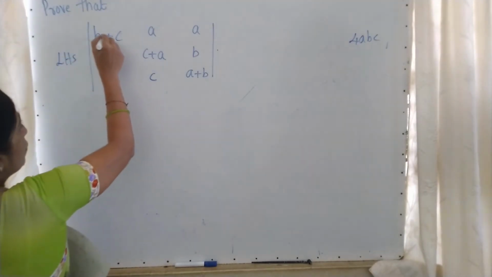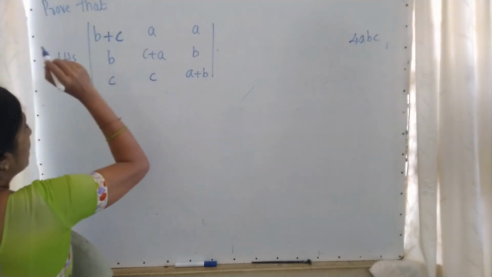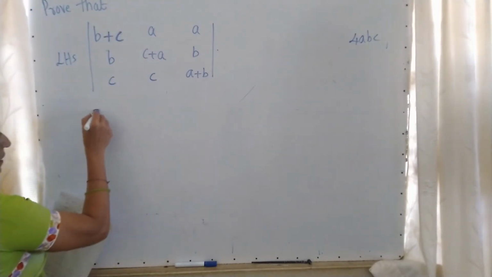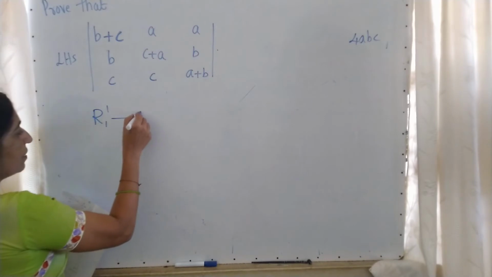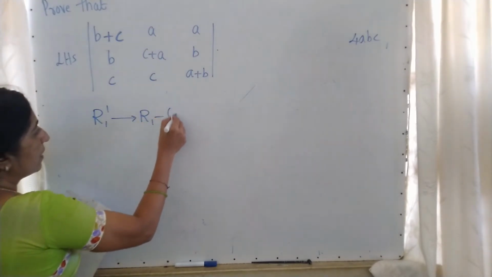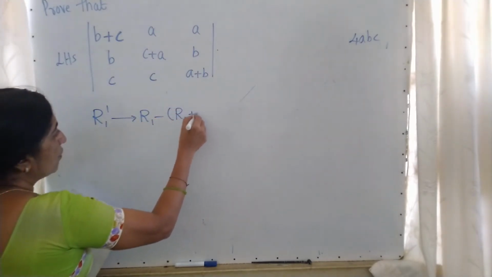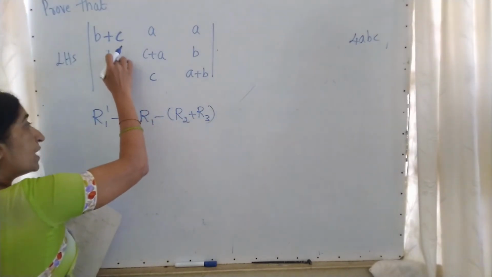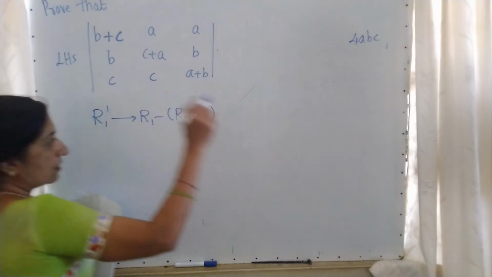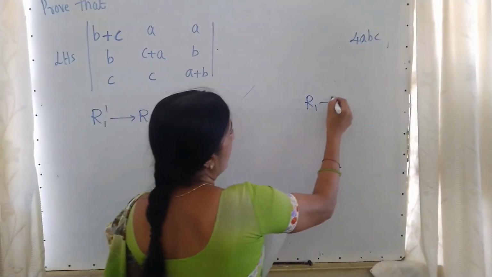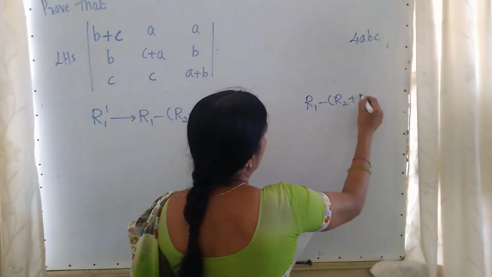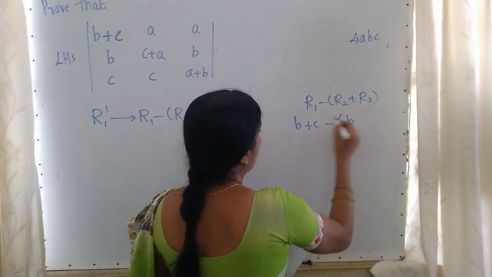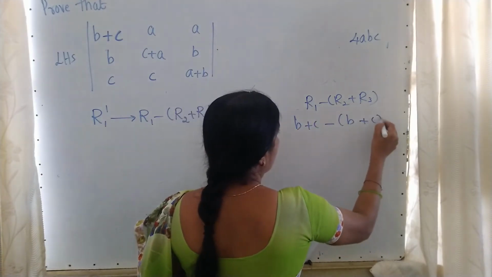See, in the first row, the first element is B plus C. I am making this a 0. To make this a 0, I am writing R1 dash is R1 minus R2 plus R3. That means I am adding these two, then subtracting from R1. R1 is B plus C minus R2 which is B, R3 is C. Is it 0 or what?